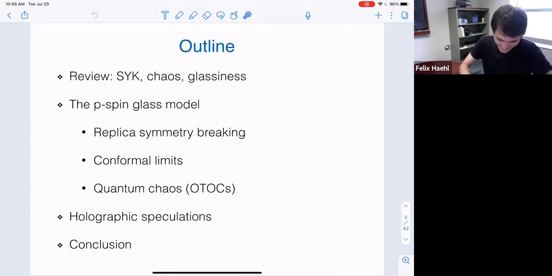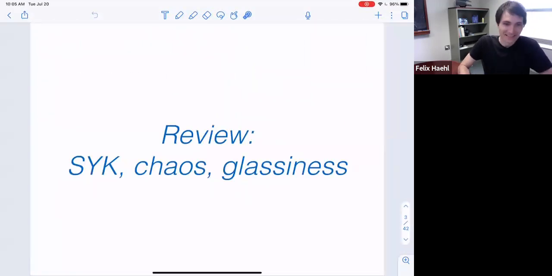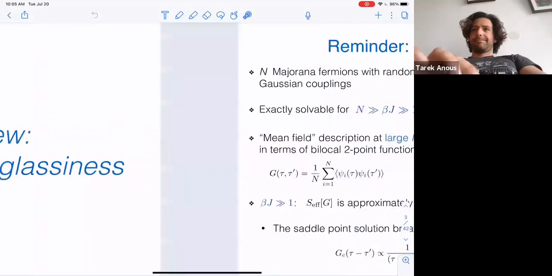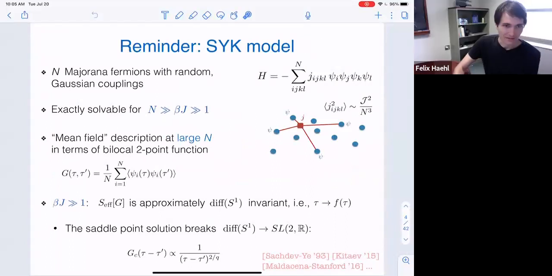Okay, so let me start with reminding you of certain features in this SYK model that might be more familiar, and I'll emphasize features that will be important and that we're going to study in this other model and that are going to serve as a signature of gravitational physics.